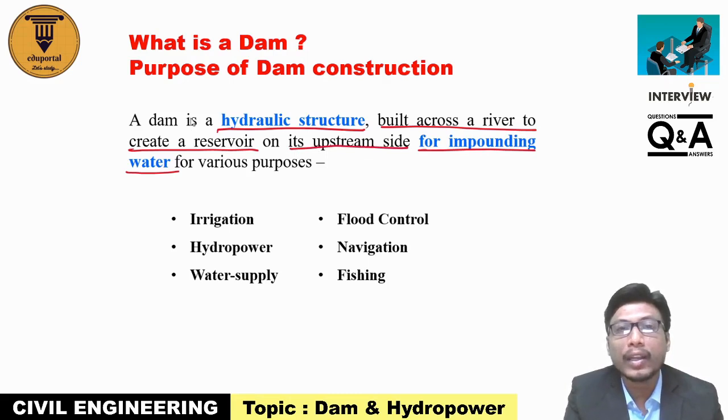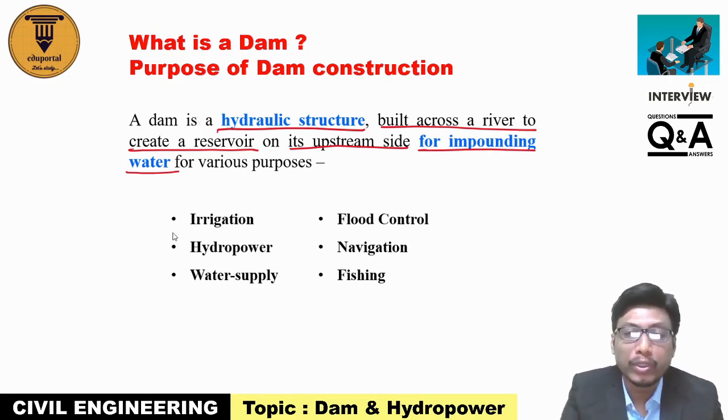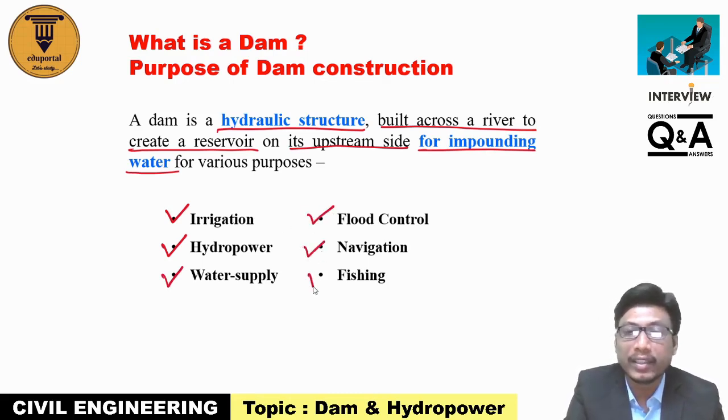So a dam is a hydraulic structure that is constructed across a river to create a reservoir for storing water on the upstream side of a dam. Now what is the purpose of storing this water? The purposes are, first of all, irrigation, second, hydropower generation, third, water supply, fourth, flood control, fifth, navigation, sixth, fishing.